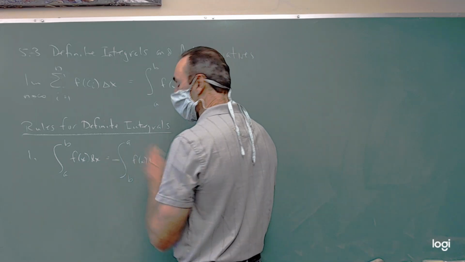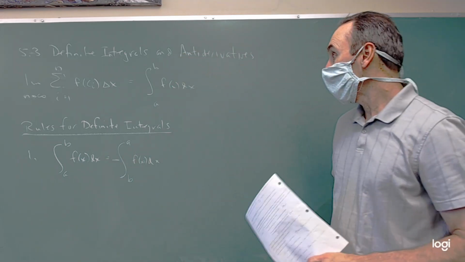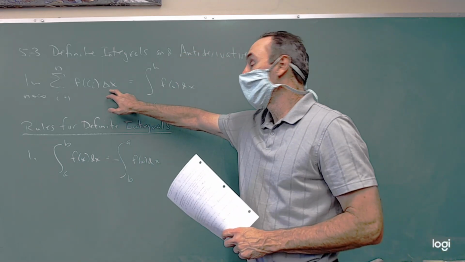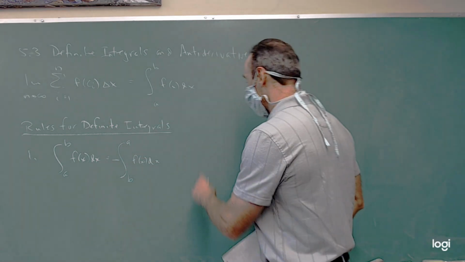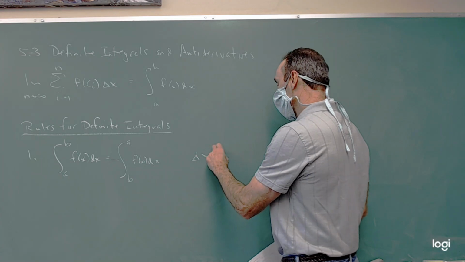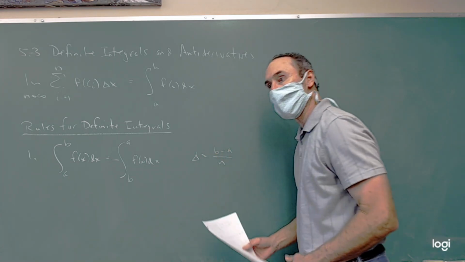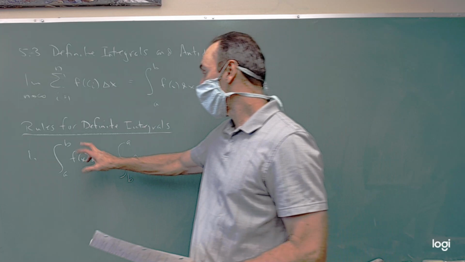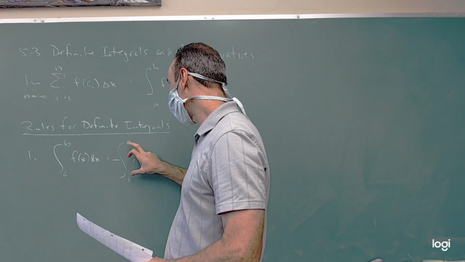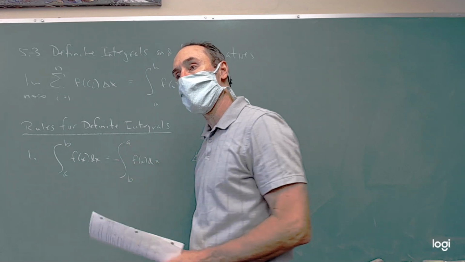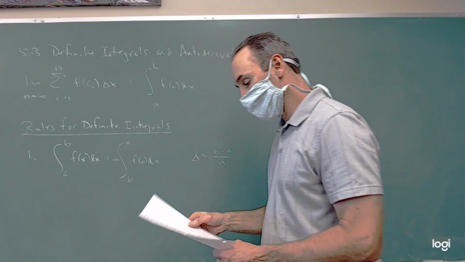It makes it a negative of whatever that was. That goes to how we figure out delta x, because delta x is b minus a divided by n. If we change the limits, it switches the order of the subtraction, and that changes the sign.